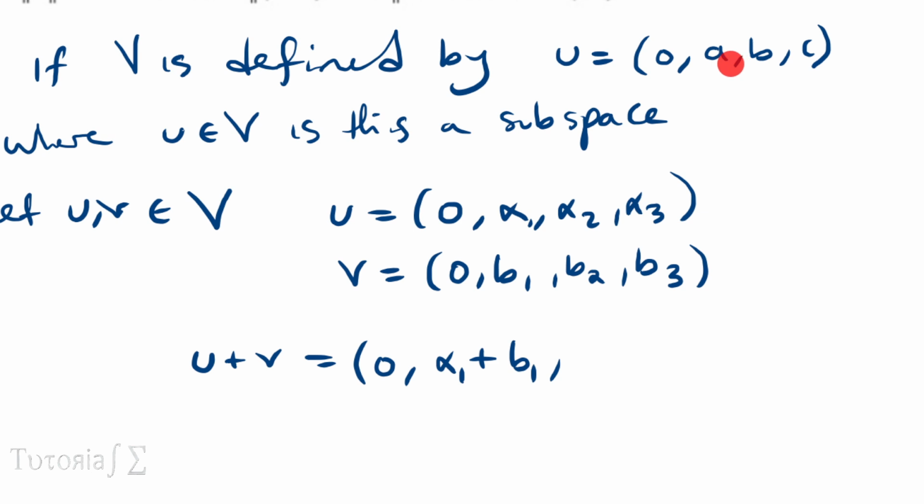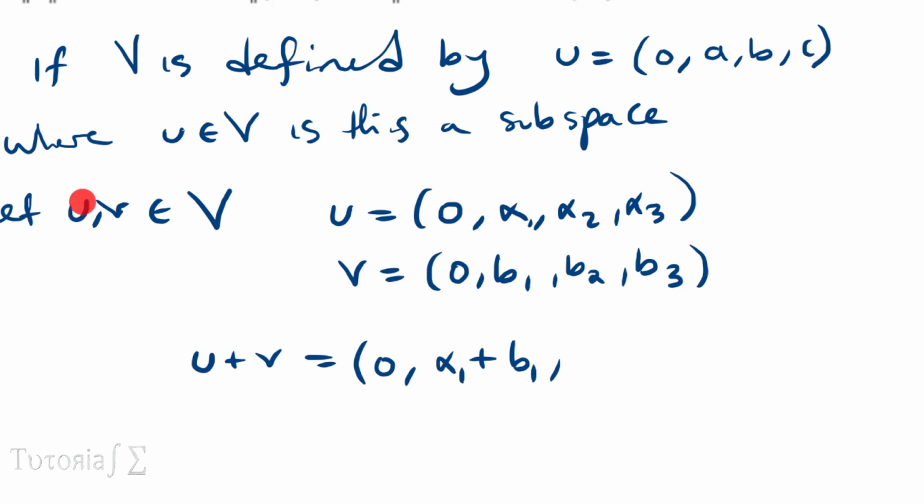They will be defined like the elements in the given definition. So in this case, u and v are elements of the given definition, then they'll be defined by this. All elements in this definition have a 0 as the first entry. Then here they can be any other scalar, here they can be any other scalar, here they can be any other scalar.